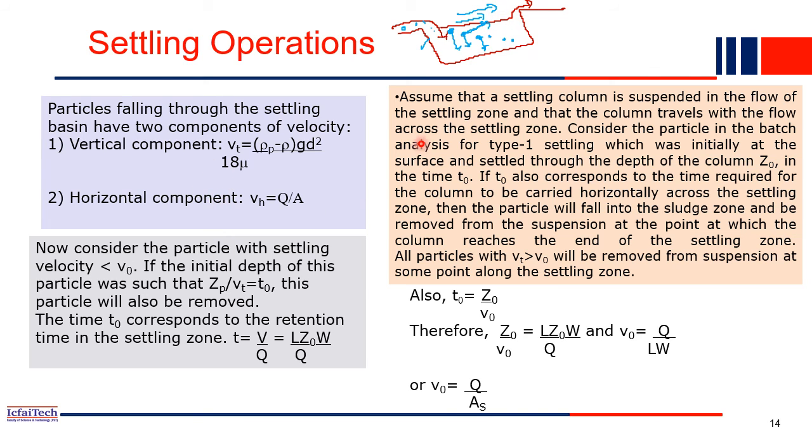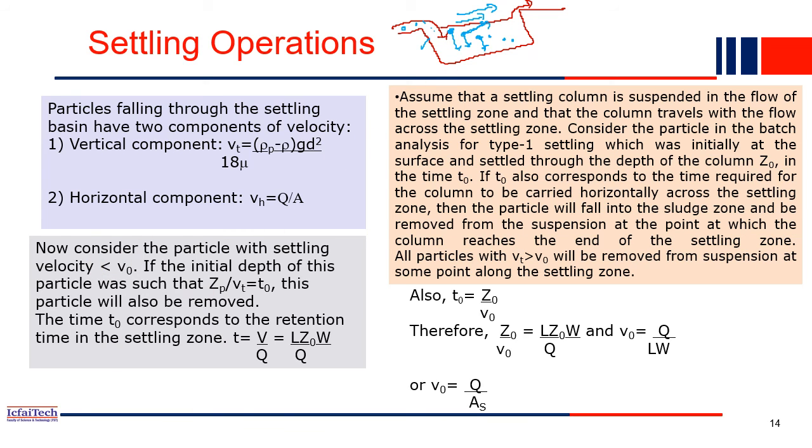Now consider that a particle takes t naught time to reach from here to here. Also, t naught time is required for the particle to settle down to the bottom. So if t naught is the time for the particle to reach from here to here, and also the time required to settle down, then all particles with velocity more than v naught will settle.